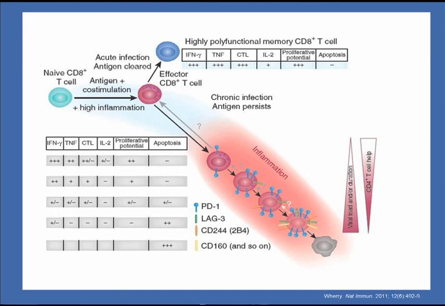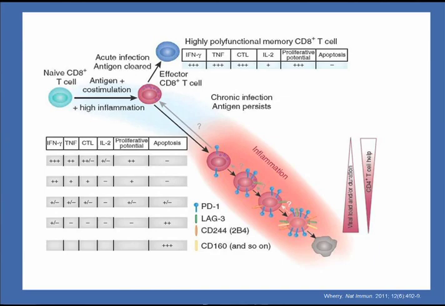And then of course they rapidly disappear once the infection is cleared. If the infection continues, then you have T cells that progressively lose effector function. They become unable to lyse other cells. They no longer produce IL-2 or interferon. And they express on their surface a number of inhibitory receptors such as PD-1 and become much more susceptible to apoptosis.